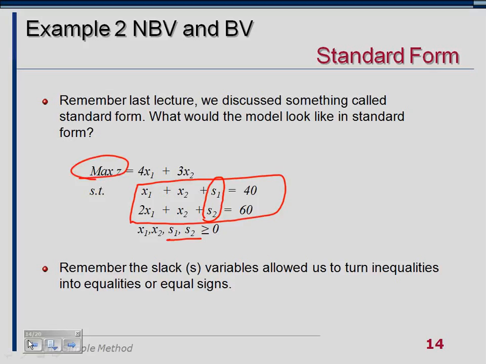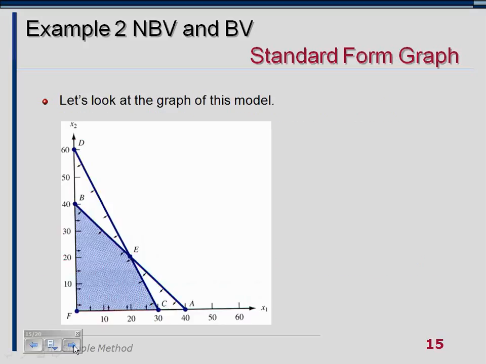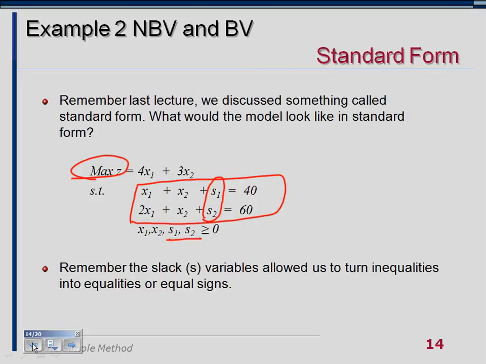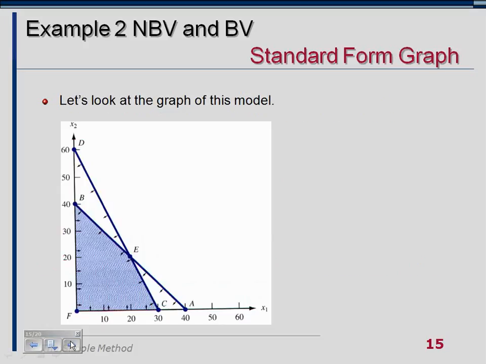Okay, so let's go in and take a look at a graph of this model. One of these constraints, 40 and 40, would be this guy. The other one would be this guy. Just hold off on the slack variables for a moment because we're dealing with a region, right?